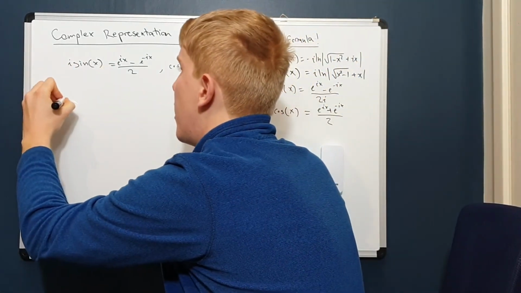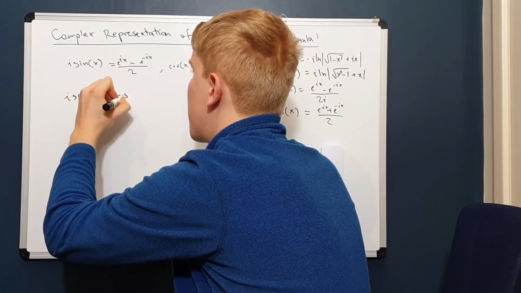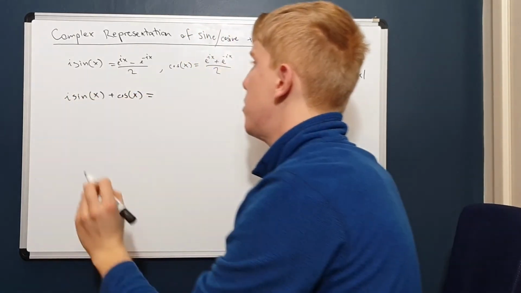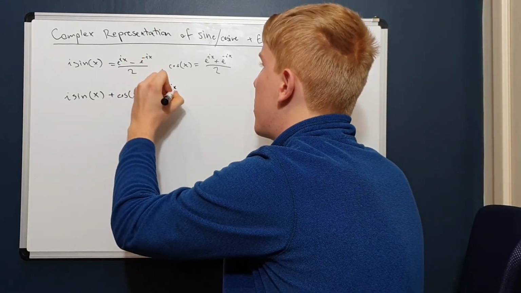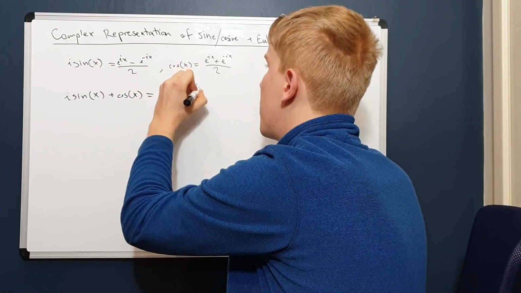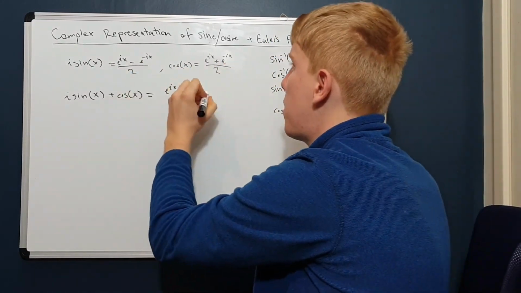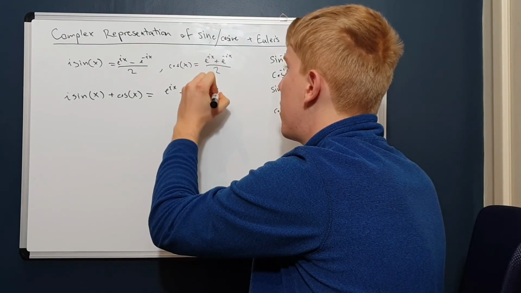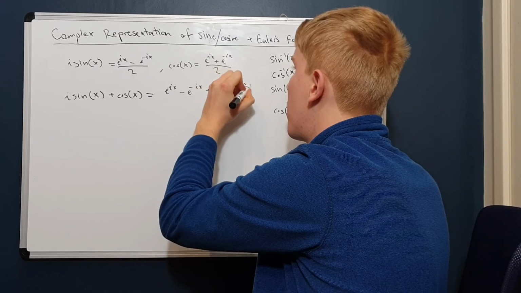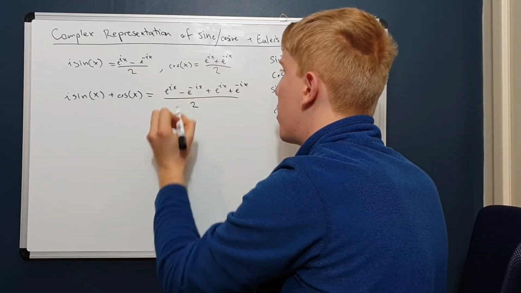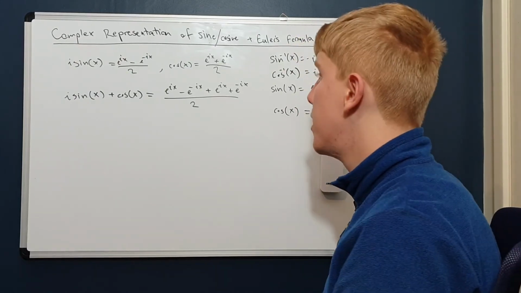So i sine x plus cosine of x is equal to, now because both have a common denominator, we can write all of this in the numerator. And then we can just collect the like terms and cancel out some things.